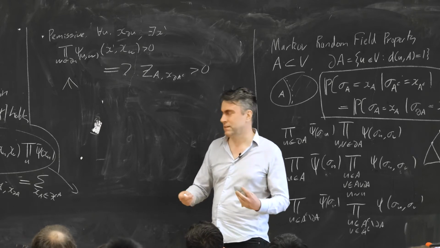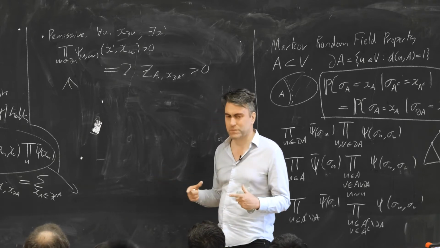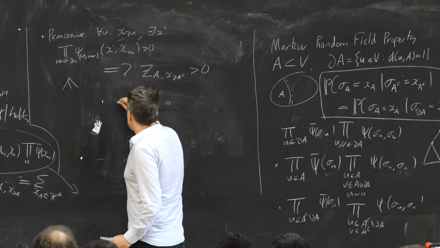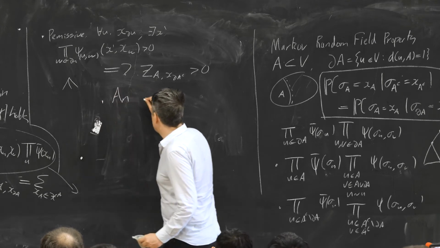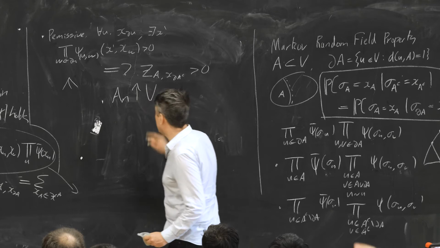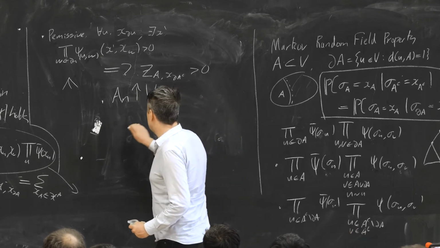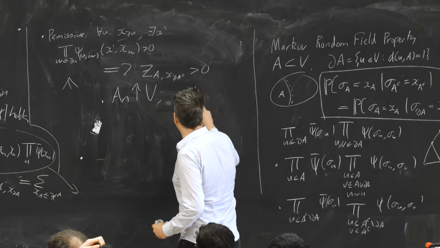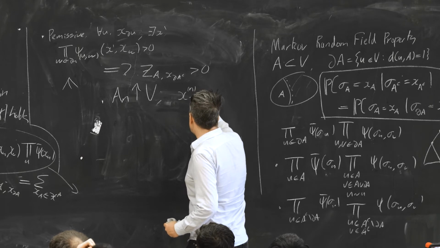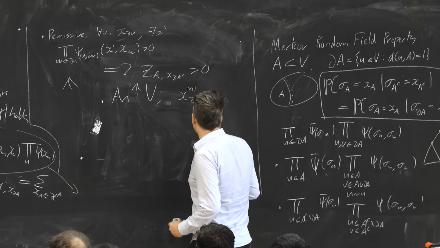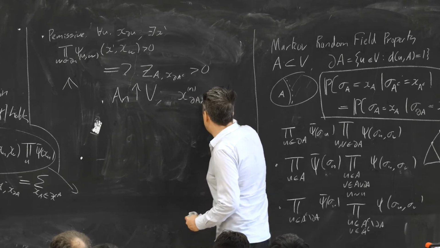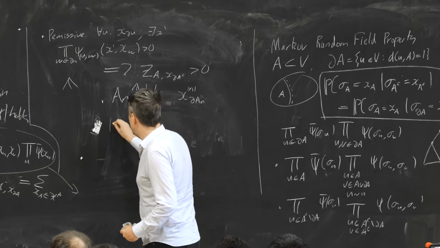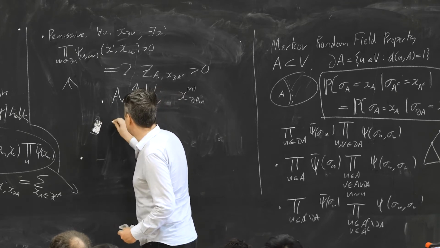Okay. And so then we'll do exactly the sort of construction that was suggested. I take a sequence of finite sets A_n that are increasing to the whole graph, and a sequence of boundary conditions on these A_n.